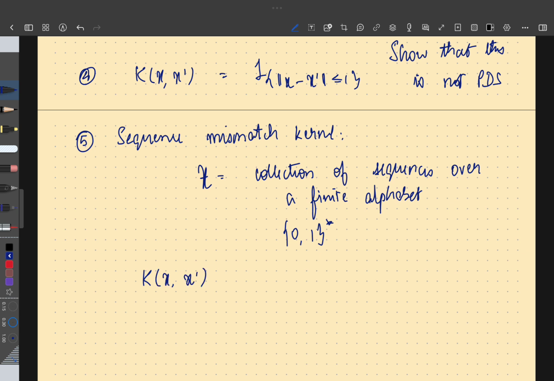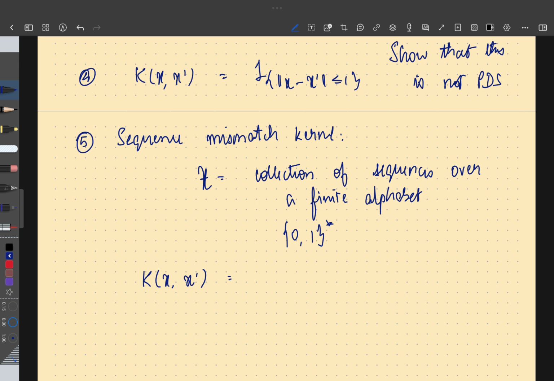Now k of x comma x prime, where x and x prime are strings of potentially different length, is equal to the number of common subsequences of the pair x comma x prime.